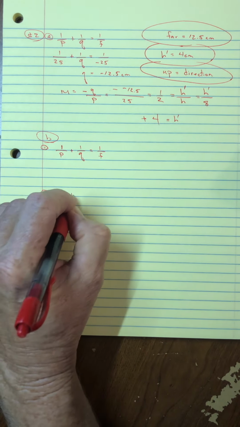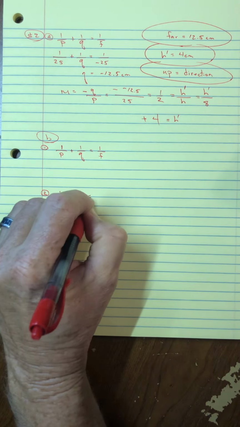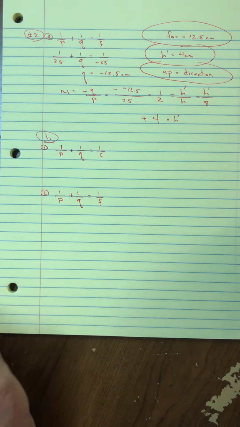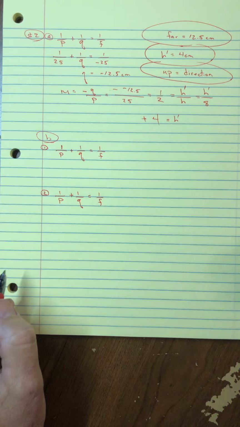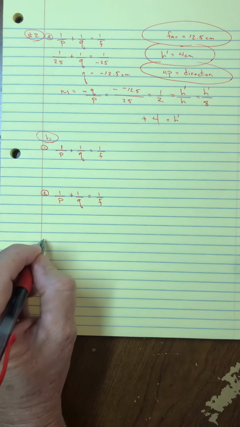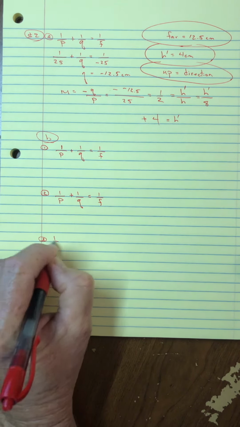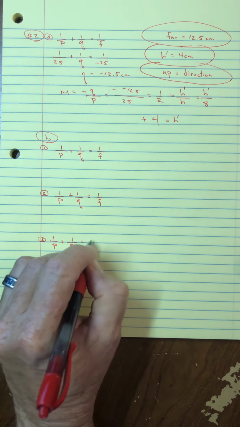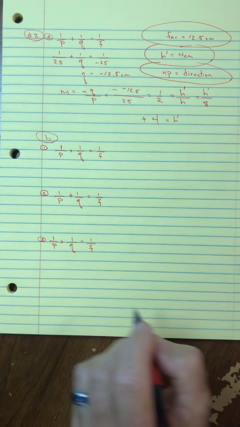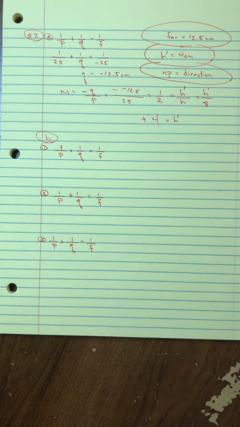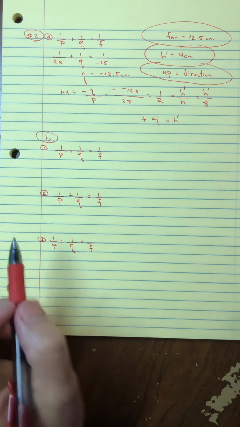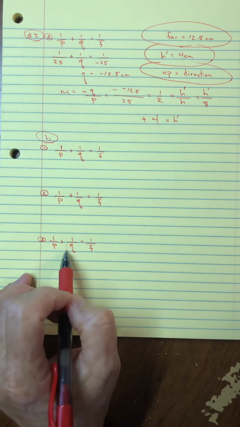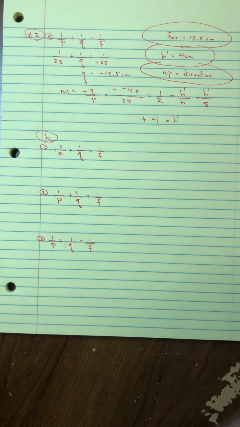But then the light has a second optical element, and that would be the mirror. And then it does it yet again, going the other direction through the lens. So this could be easily overlooked, that third step. And so I hope you didn't.